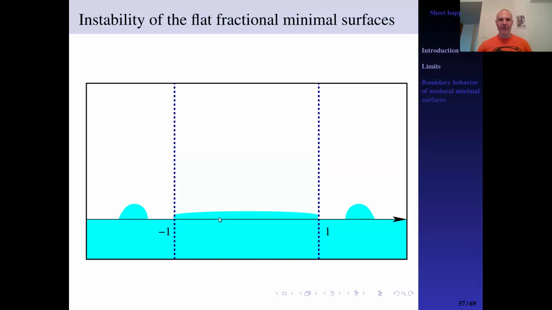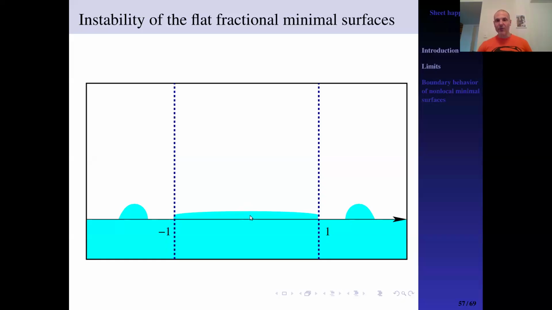But then basically what happens is that these bumps force the S minimal set to lift up. So the center of the picture will go up a little bit. Well, by maximum principle, you cannot surpass the height of the bumps, but still you bend up a bit in the center.